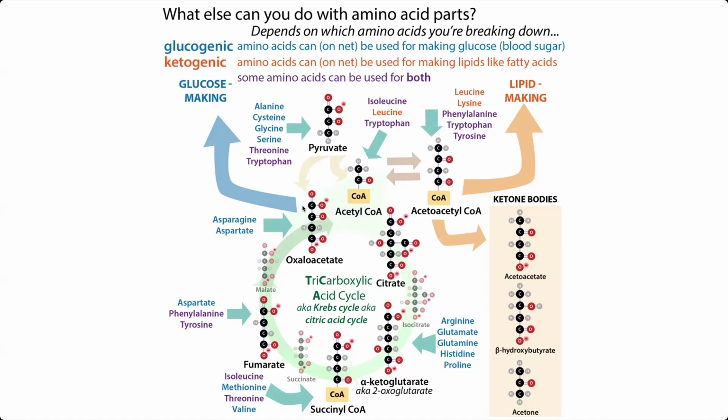And the ones that are broken down into acetyl-CoA or acetoacetyl-CoA, we call those ketogenic. They're not glucogenic because we need the oxaloacetate to be present in order for those carbons to be brought in. And we can't bring in the carbons from acetyl-CoA without having the 4 carbons in the pathway to begin with.